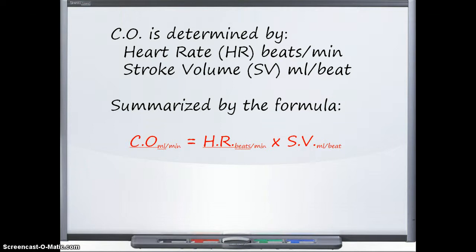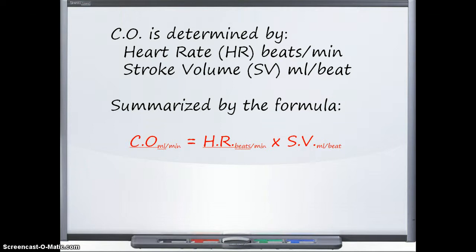Simply, if the heart pumped out 1 milliliter every time it beats, and it beats 10 times a minute, cardiac output would then be 10 milliliters per minute. 1 milliliter with each beat, 10 beats a minute, therefore 10 milliliters per minute.